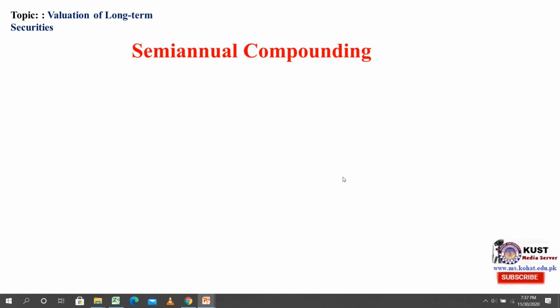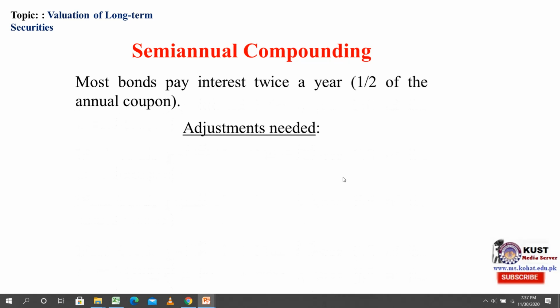Semi-annual compounding of the bond. Most bonds pay interest twice a year. Let's suppose there is a 10% coupon rate, and it is said it will be paid twice in a year.